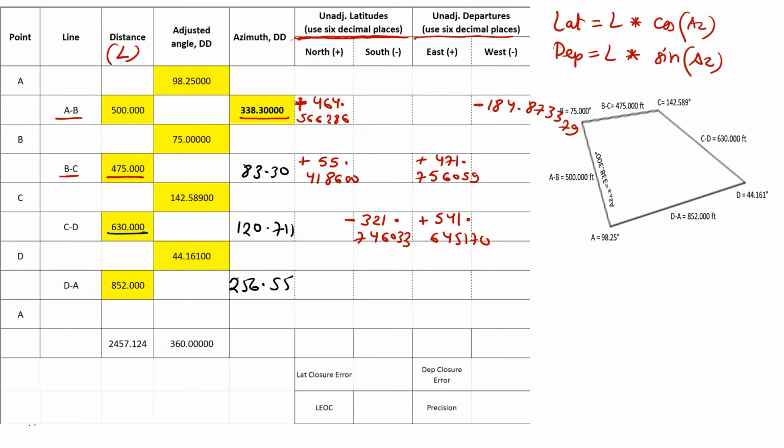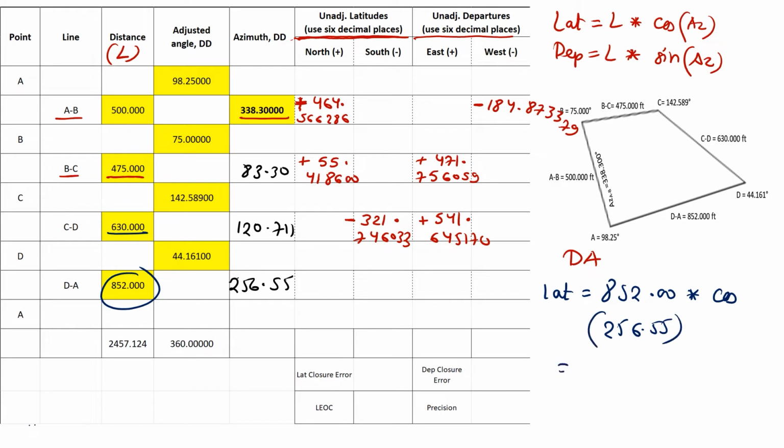All right, so let's find the latitude and departure of our last line, DA. Latitude would be length times the cos of the azimuth, 256.55, and that would give you negative 198.172407.